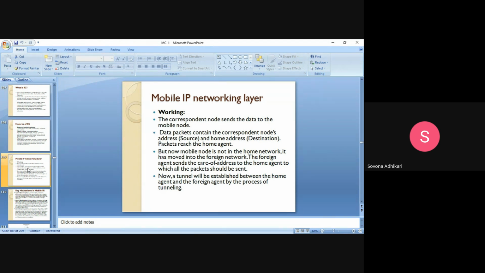And through the tunnel, the home agent encapsulates the data, the destination address and the source address, and delivers the data at a tunnel entry, and it is received by the foreign agent at the other end of the tunnel.